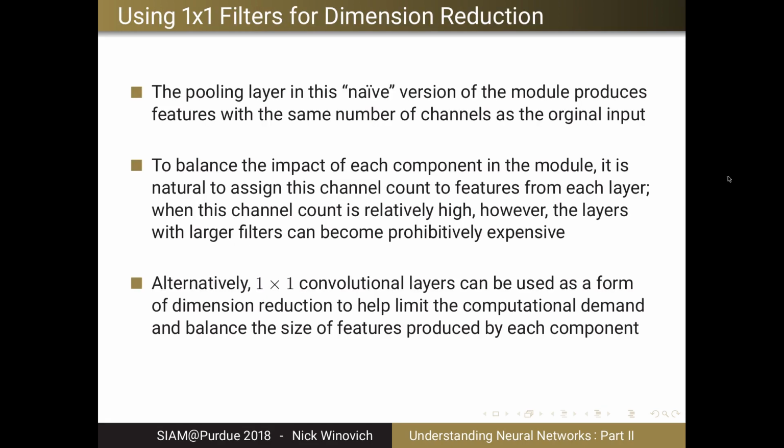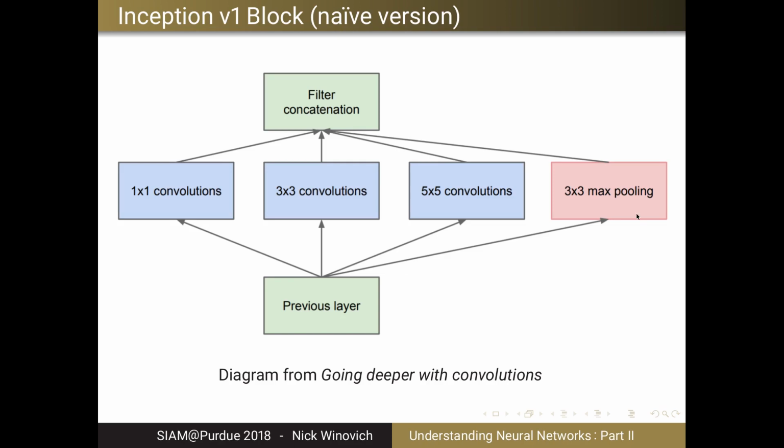So this is referred to as the naive version in the original inception paper. And the reason why it's referred to as naive is that that max pooling block is going to produce a channel count which is identical to the original input. So say you had 100 input channels, this will produce 100 channels.